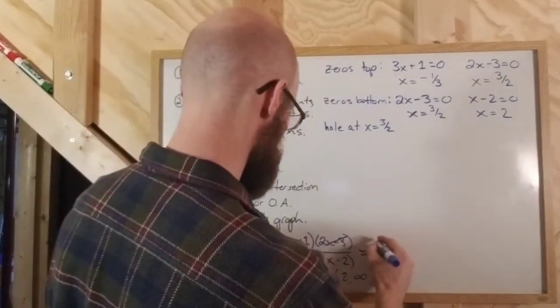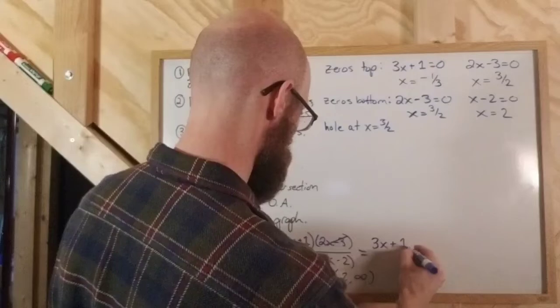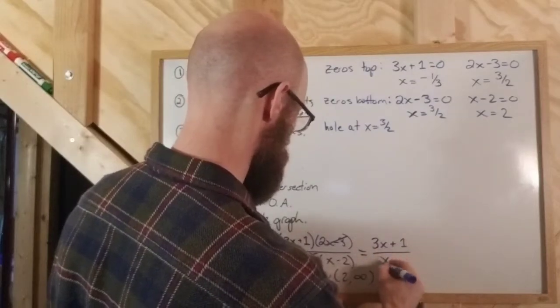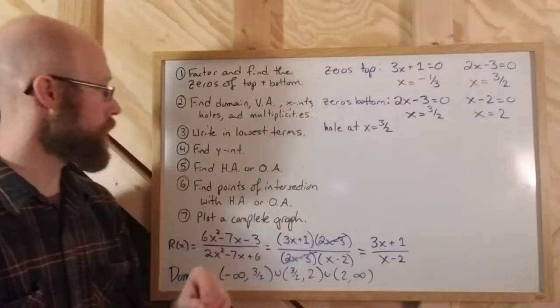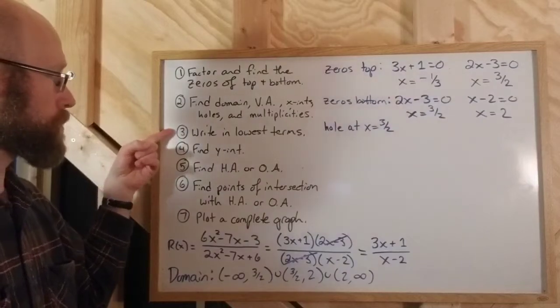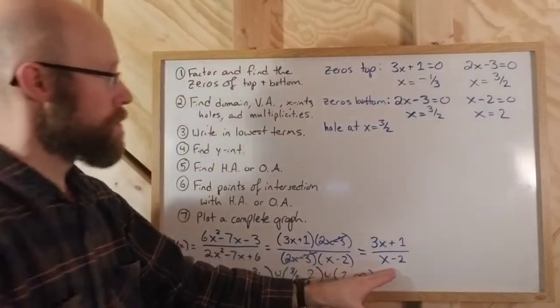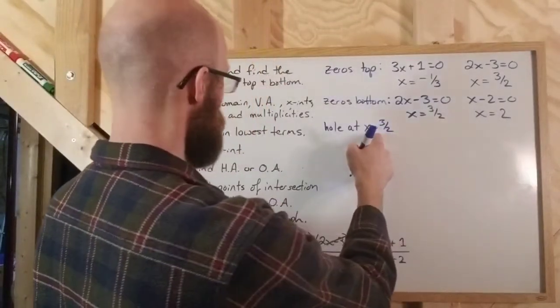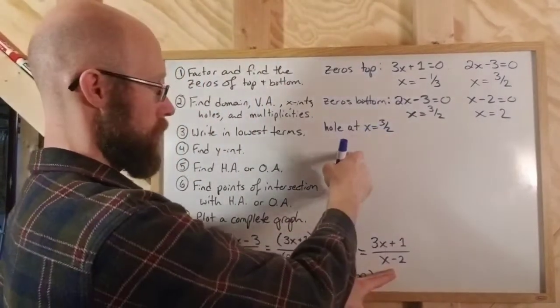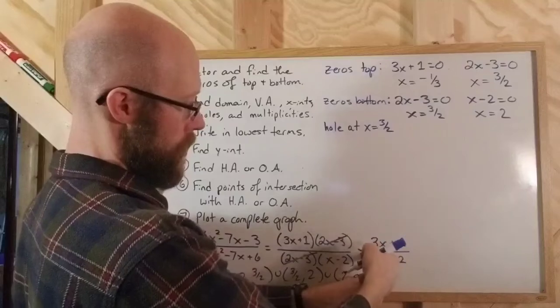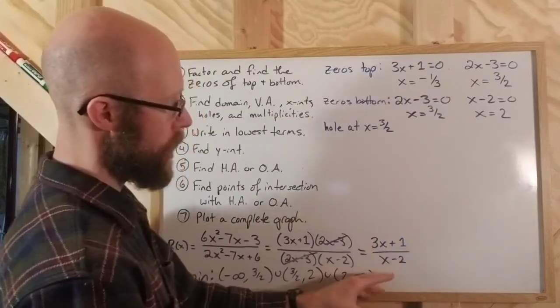All right, so I would get 3x plus 1 over x minus 2. And by doing that, I've actually completed step 3, to write this in lowest terms. But then I can find the other part of the hole by plugging in my 3/2.